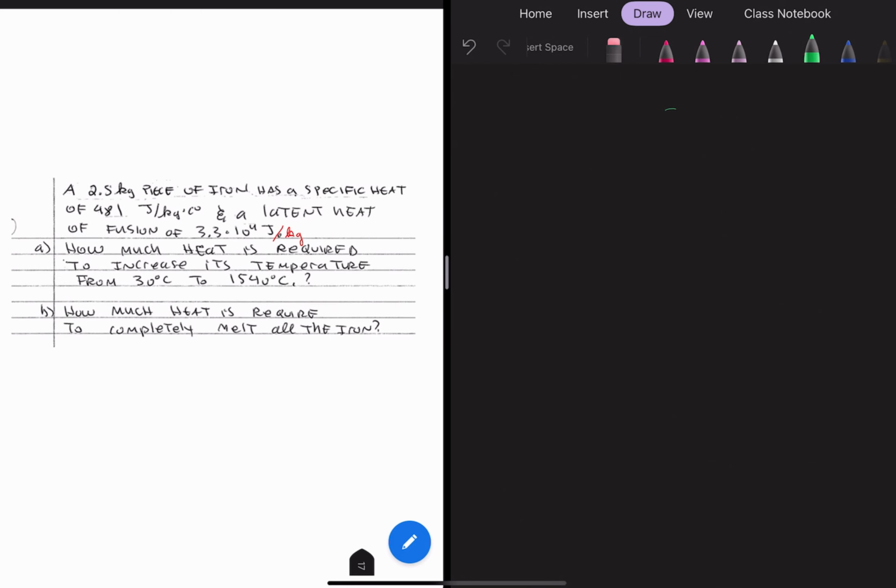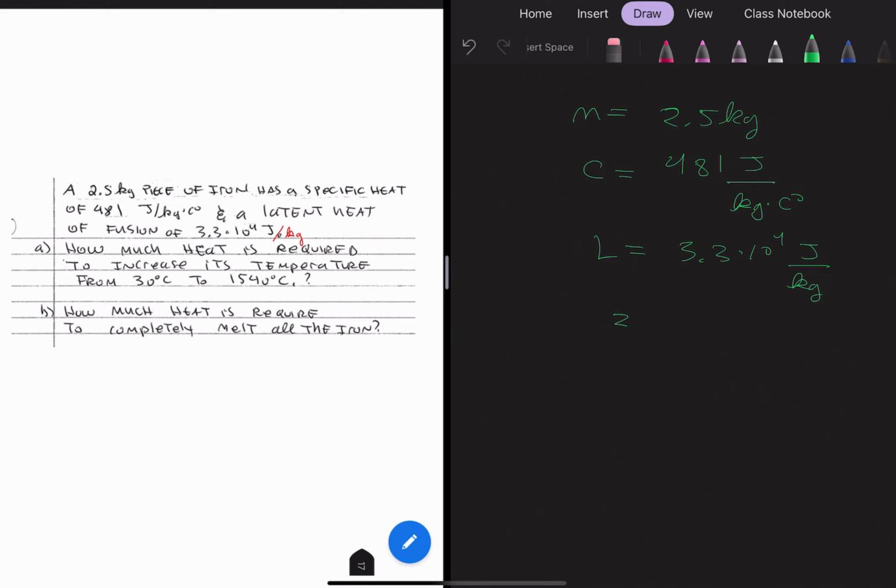We have 2.5 kilograms, that's a mass, and 481 joules per kilogram per degree Celsius, that's a specific heat. And you have 3.3 times 10 to the 4 joules per kilogram, that's a latent heat.